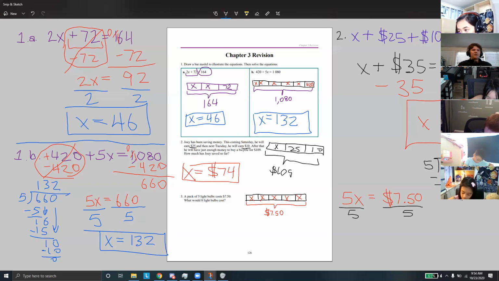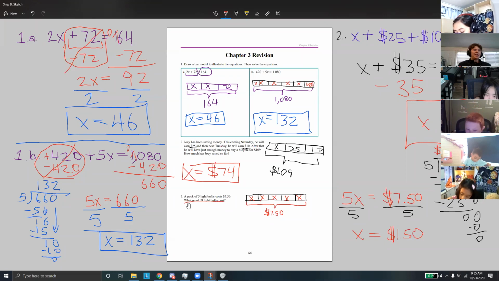Drop the 5. 5 goes into 25 5 times. 5. Drop the 0. 5 goes into 0 0 times. 0. Okay, and so last step for dividing by a decimal is we're going to raise the decimal straight up as long as we were following it. And so our answer is x equals $1.50, but that's not what the question is asking for.